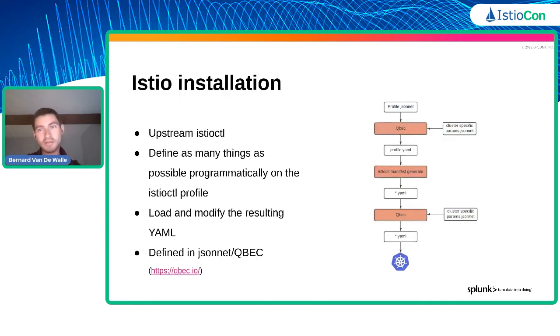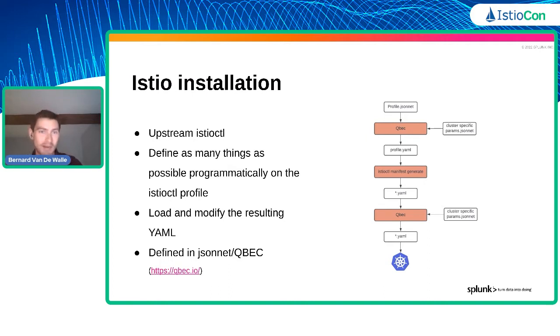Okay, so I want to dive a bit more into how we do some technical things. First of all, how do we install Istio? Well, we always use upstream istioctl to start with, and we try to define as many things as possible in the istioctl profile, and the community does a really good job at making this relatively easy.